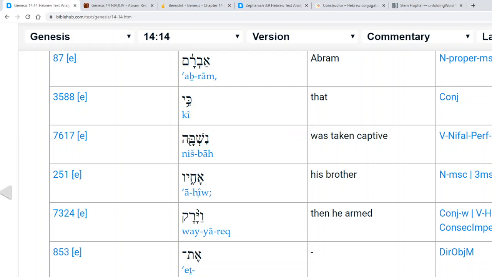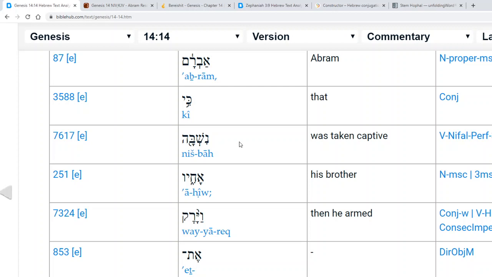Nishba, right? So the root here is Shin Bet Hey, and this means to be taken captive. The nun at the beginning is putting it in the nifal.